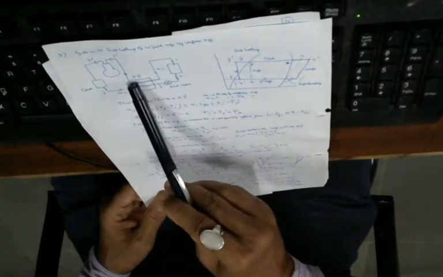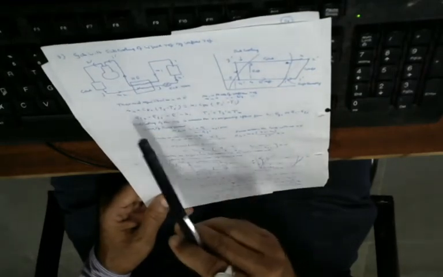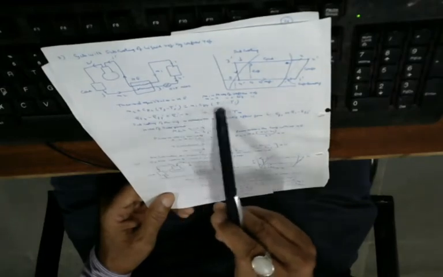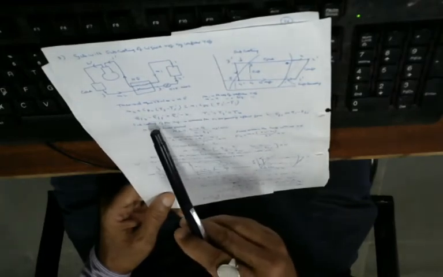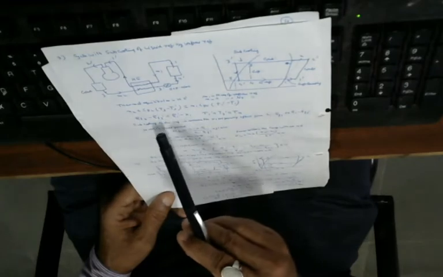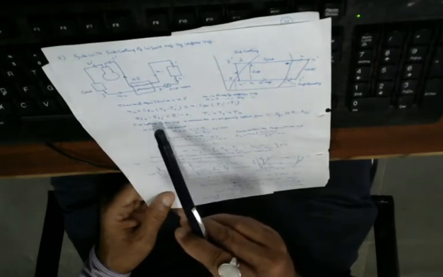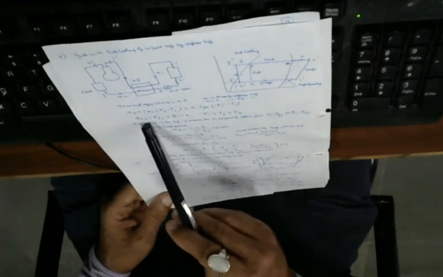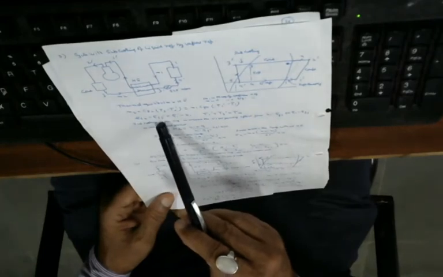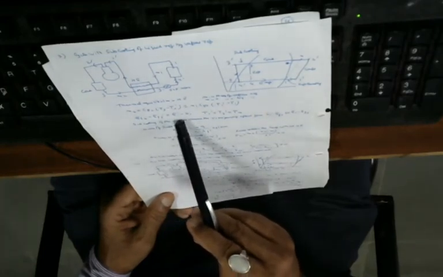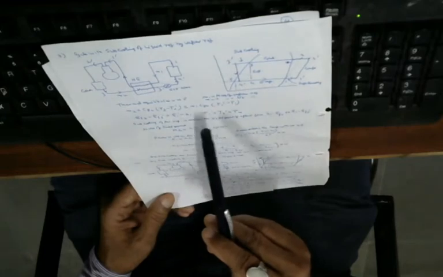CPV is for the vapor form, CPL is for the liquid form. So we equate both of them. Equating both of them, we get hf3 minus hf3 dash is equal to h1 dash minus h1. This is what I told.